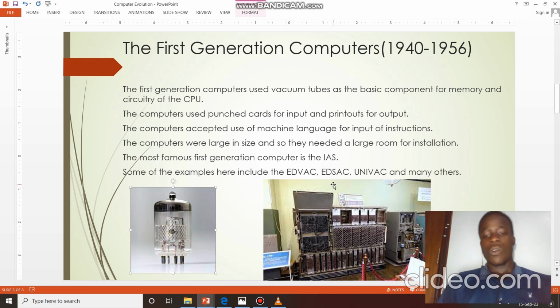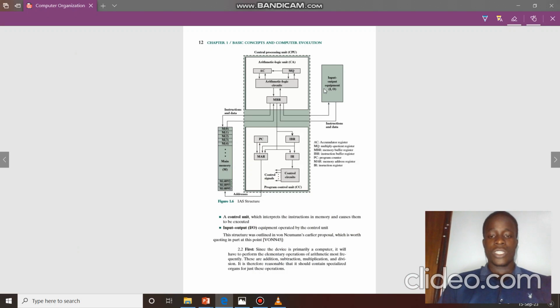The IAS was developed by von Neumann and it used the von Neumann structure. The computer receives input, which would be instructions and data, passed to the MBR, the memory buffer register, which stores the instructions or data temporarily.